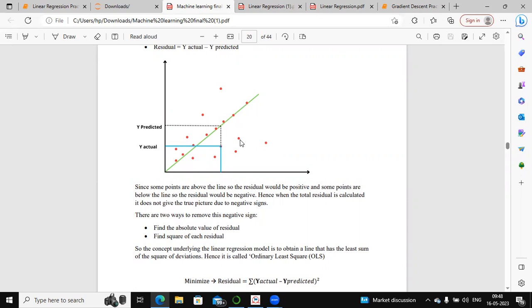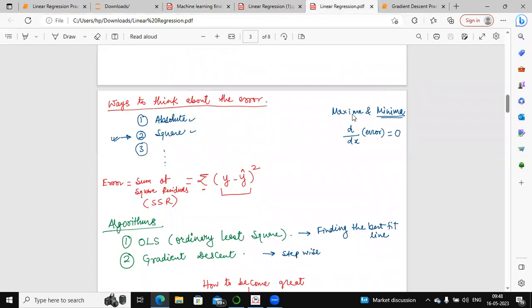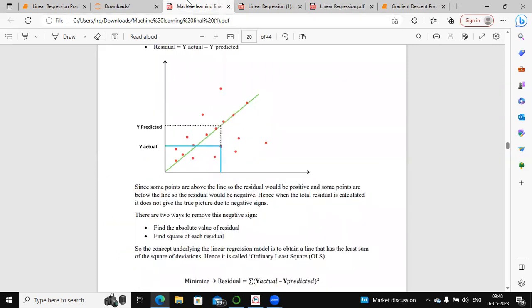So what should we do in that case? There are two ways to remove this negative sign. Find the absolute value of the residual. That is what I said over here. Find the absolute value of the residual, or you can find the square of each residual. When you find the square of each residual, you will get a positive sign.